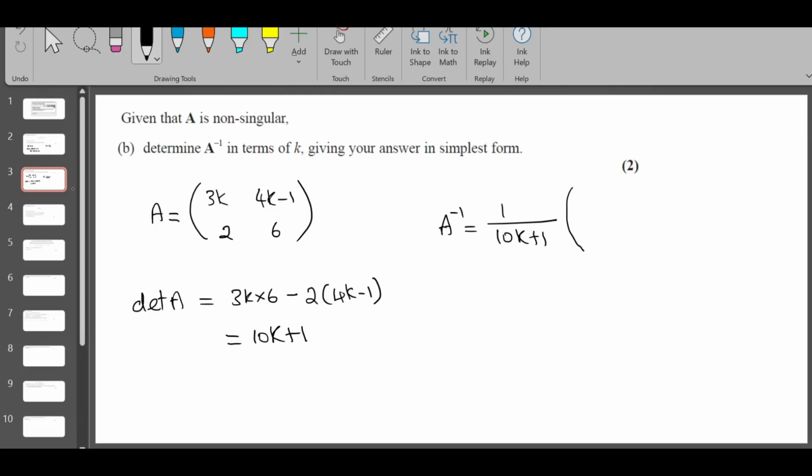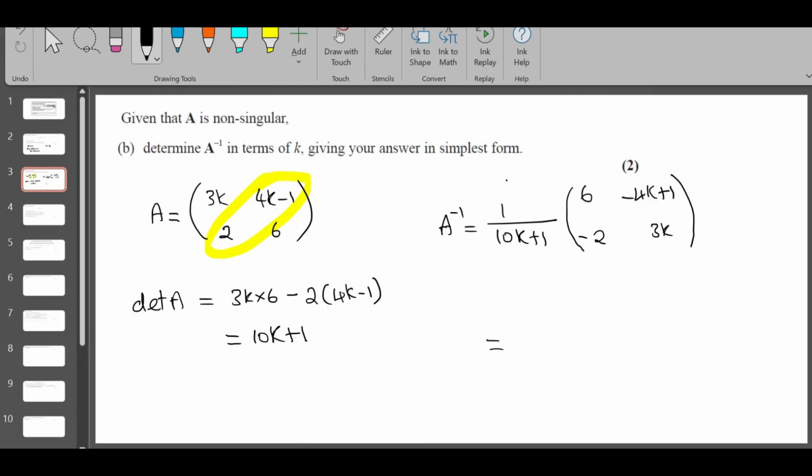And then you need to write a matrix here. You swap the elements in the main diagonal, 6, 3k, and then change the sign of the elements in the other diagonal. So it's going to be minus 2, minus 4k plus 1. And then divide each term by 10k plus 1, or you can just leave it like this actually.